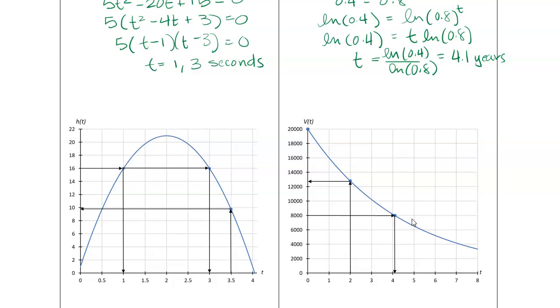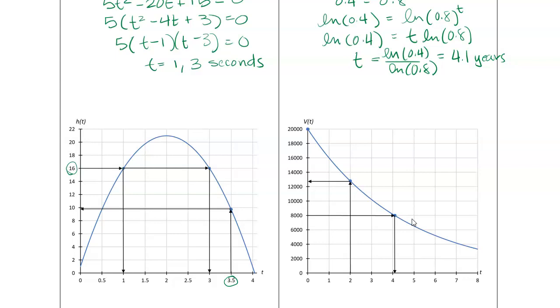For the first one, which is the height of the ball, if I give it a value of t, I can find exactly one value of height that corresponds to it. But if I have a value of height, there are actually two values of time that correspond to that height.